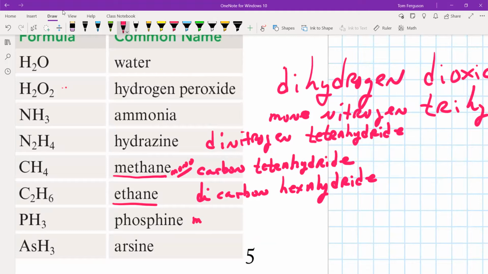This is going to be mono phosphorus trihydride.